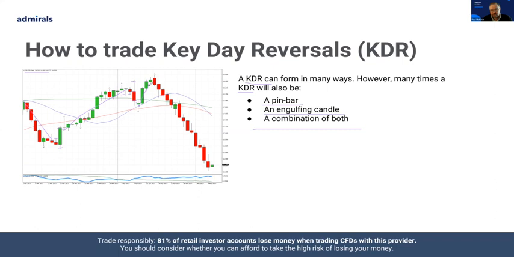As I said, there's no perfection, but a key day reversal can tell you the end of a trend, or that the end of a trend is close, because it pushes up for another couple of days, but then what does it do? It sets up another key day reversal. Price pushes to a new high on this candle, but then closes beneath the low of the previous candle.